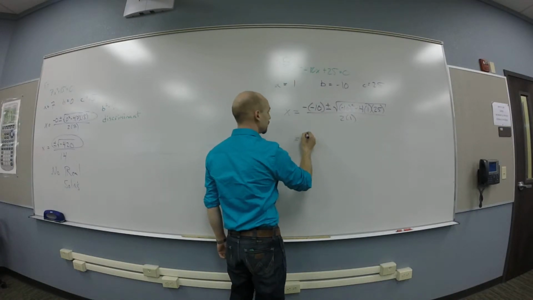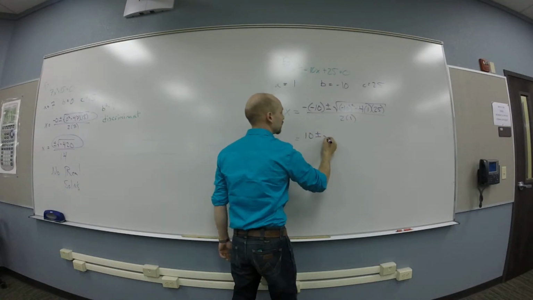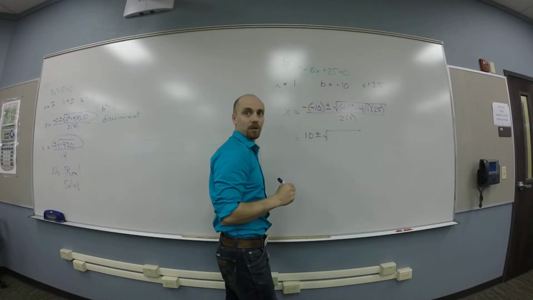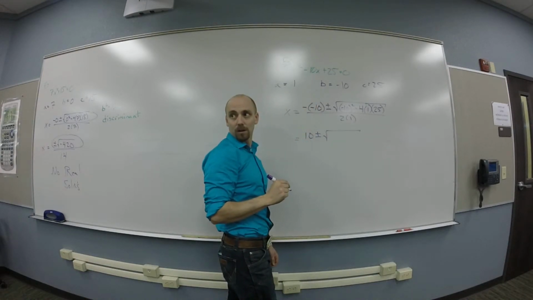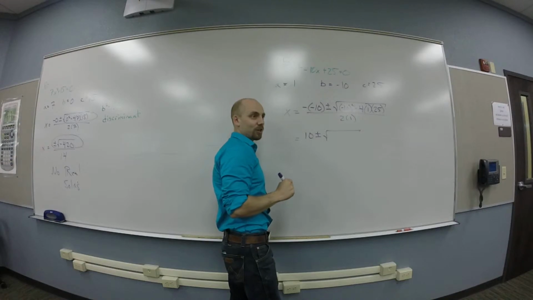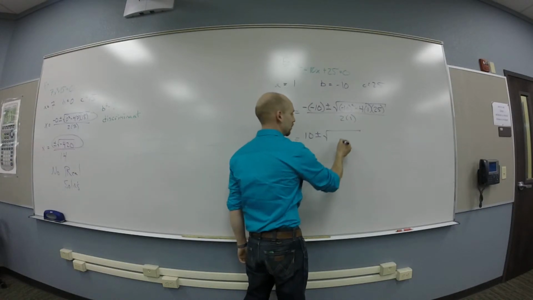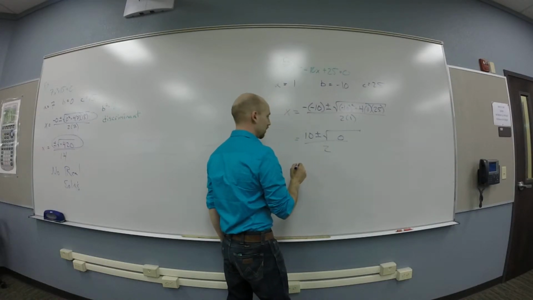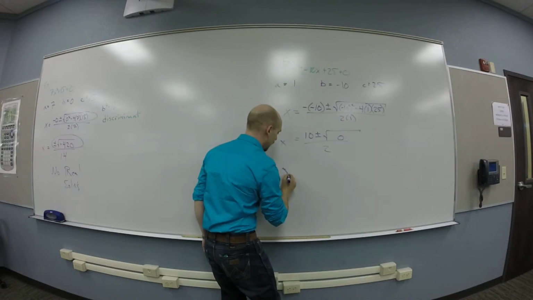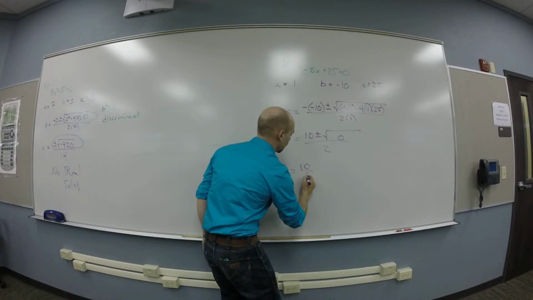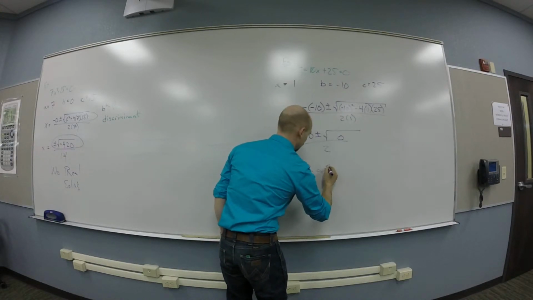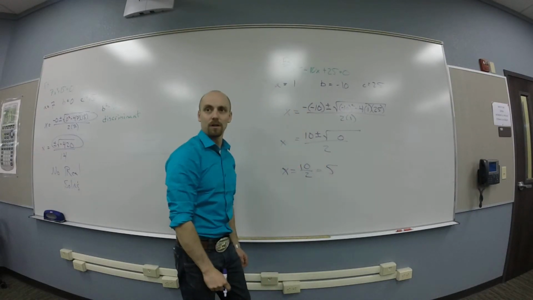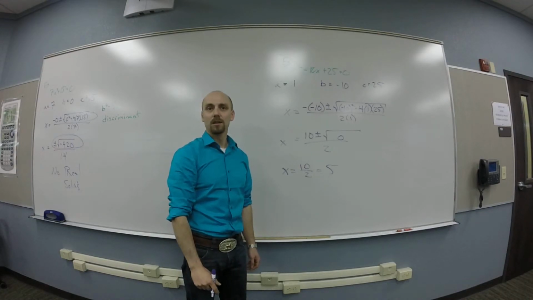Okay, so I got 10 plus or minus the square root of 100 minus 100. 100 minus 100 is 0. 0 over 2. We get 10 over 2. So x is 10 over 2, which is 5. Which is right.